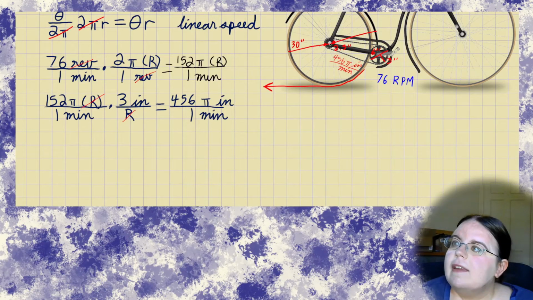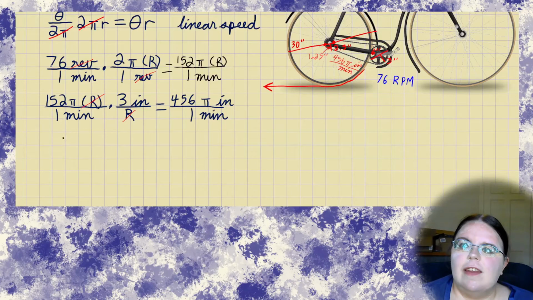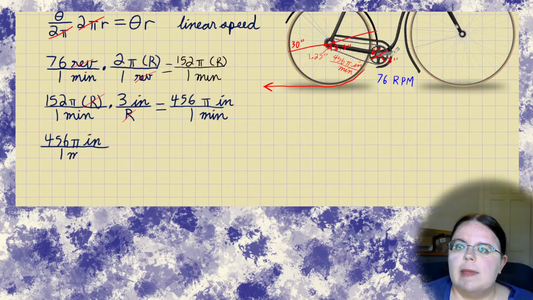So I see that the gear that's attached to that tire is 2.5 inches across, which means it has a radius of 1.25 inches. So currently we know the linear velocity of the chain, and therefore of that gear that the chain is attached to. That is 456 pi inches in each 1 minute.